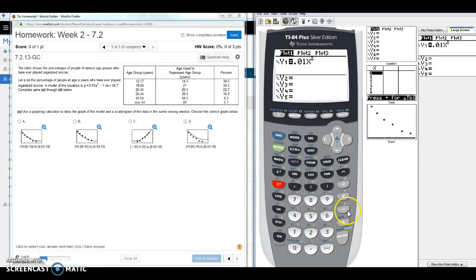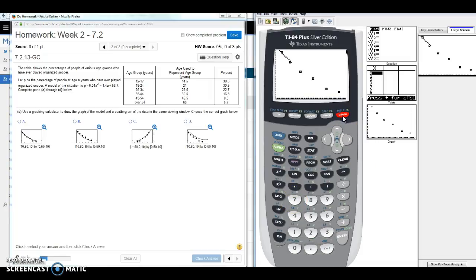And then minus 1.4, again we're using x, plus 56.7, and I will graph that. And notice what that does is it gives a graph of the model along with the data points. And I noticed that it looks like it almost hits these, but the last two are right below it. And the graph that matches that the most is graph A.